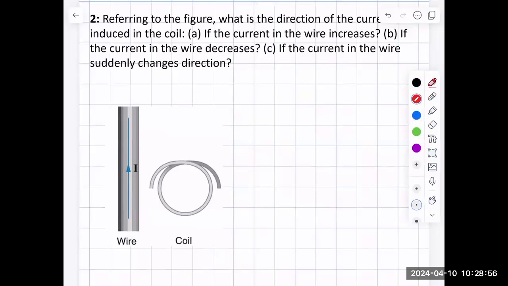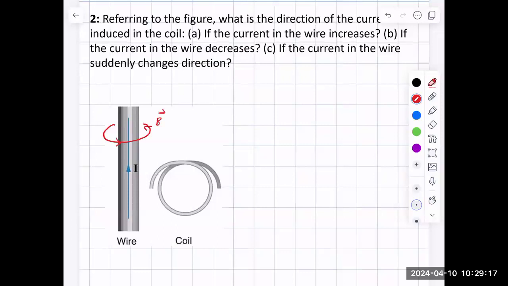I put my thumb in the direction of the current, and my fingers tell me that the magnetic field is coming out of the screen to the left and going into the screen to the right. So we have a magnetic field that's looping around this current in this direction.